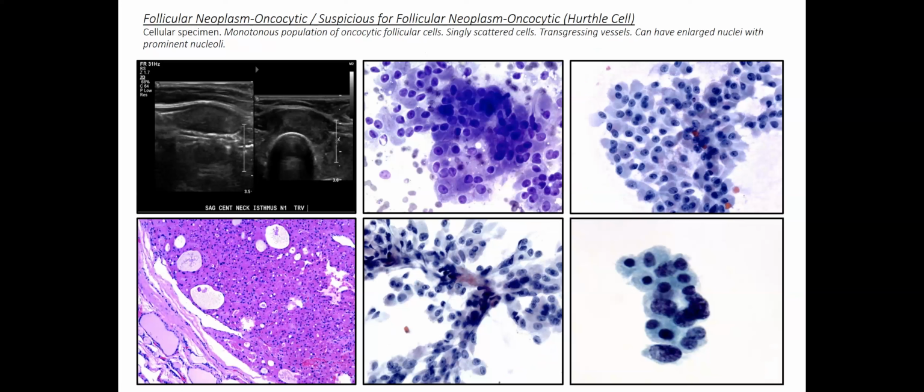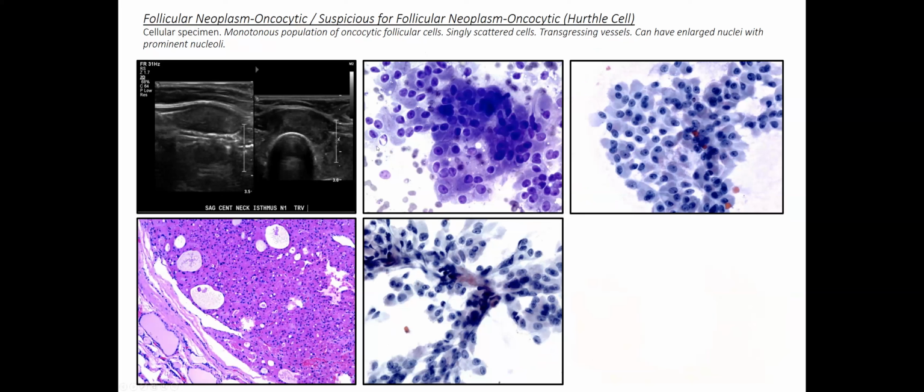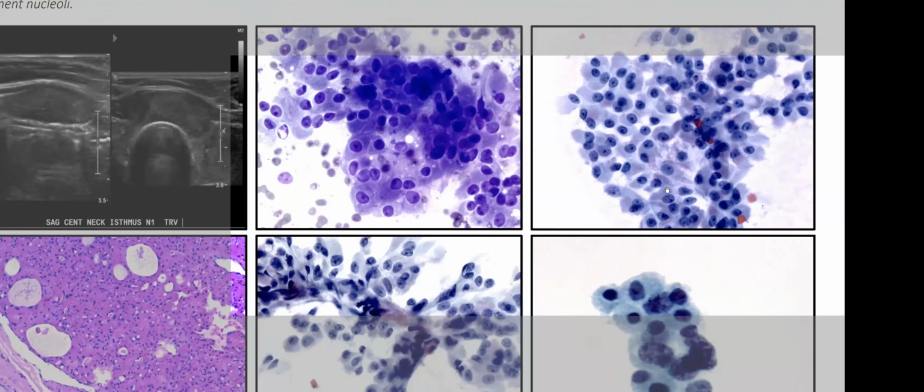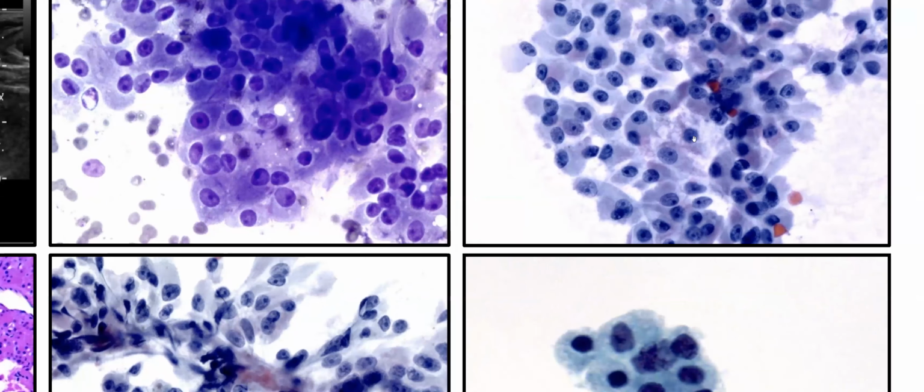Now, Hürthle cell lesions may appear differently, but most look like follicular neoplasms. You will have a monotonous population of oncocytic cells. And as you can see on thin prep, this morphology may change if you're using thin prep, but again, very granular, ample cytoplasm in these cells and prominent nucleoli.